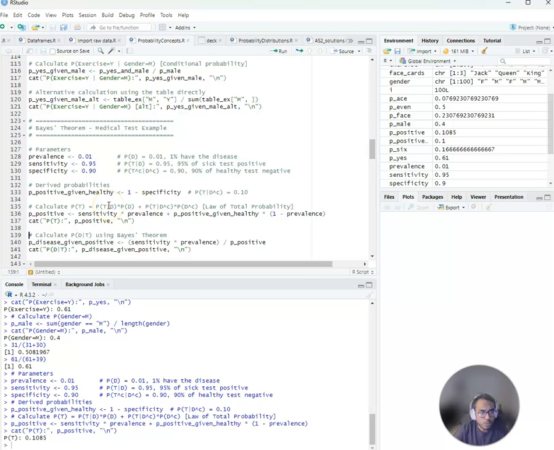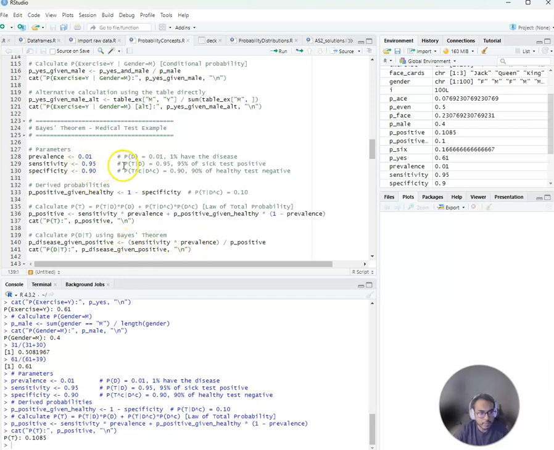Now suppose you want to find out the chances that you have the disease given that you have tested positive. We do that using Bayes' theorem. So it's basically sensitivity times prevalence.